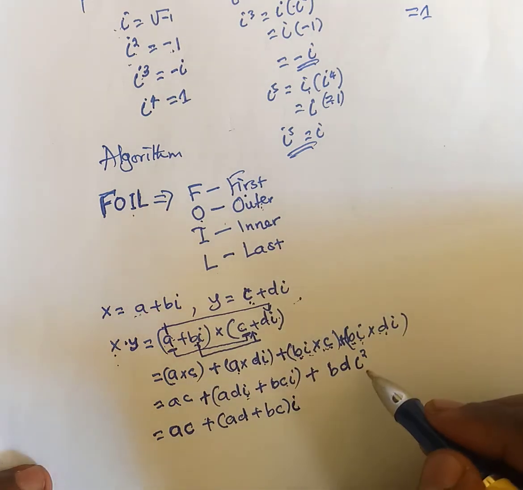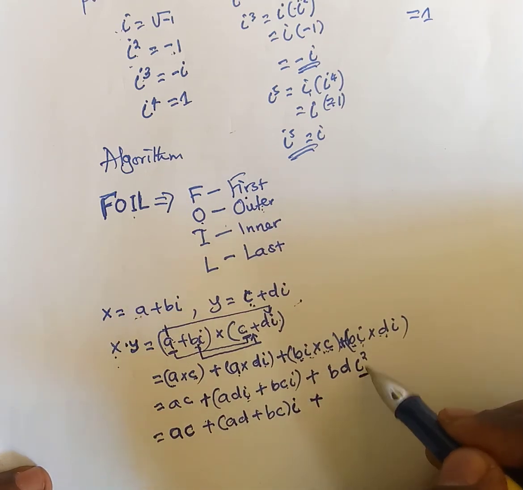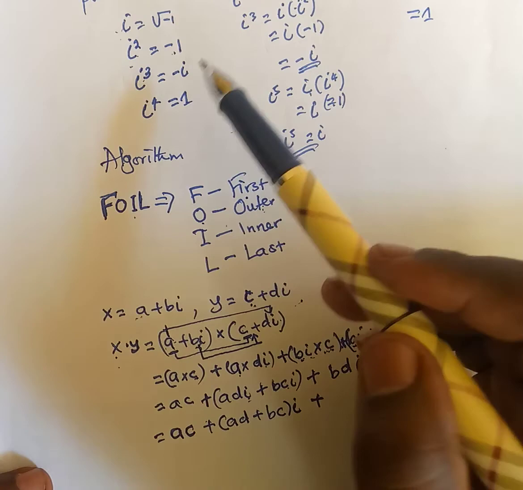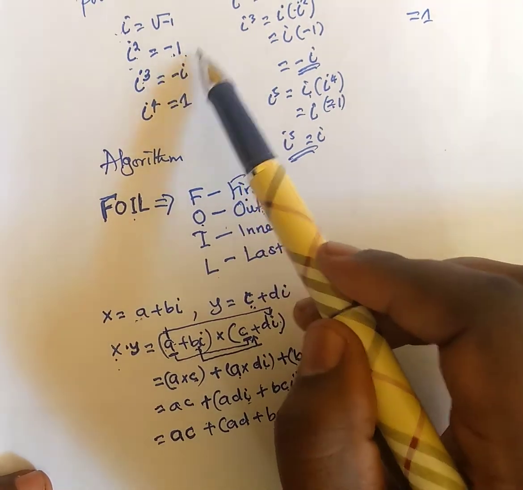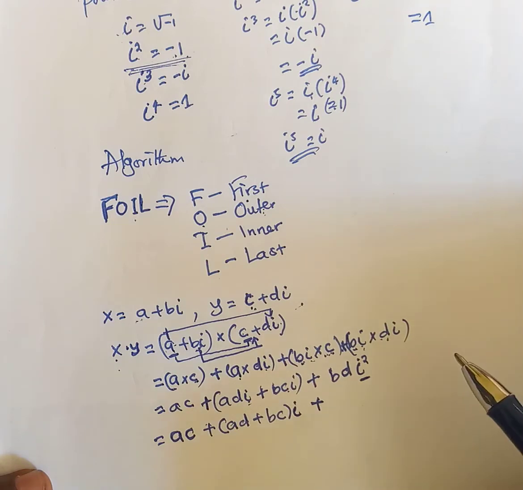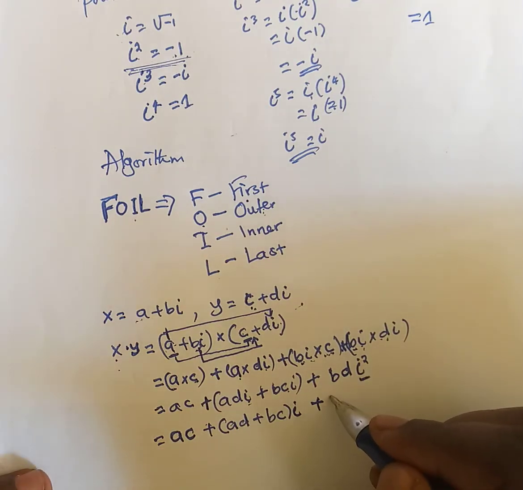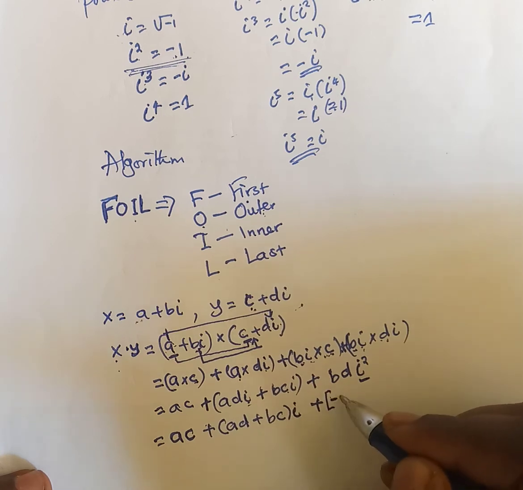From our powers, i squared is -1. See that? And therefore, what this becomes is just -1 times BD.